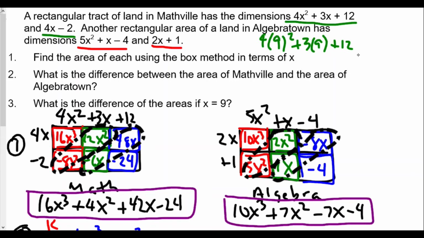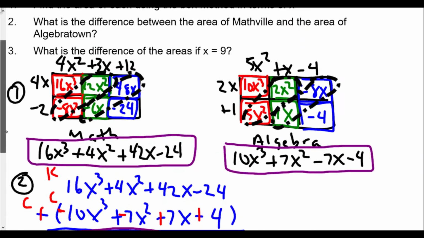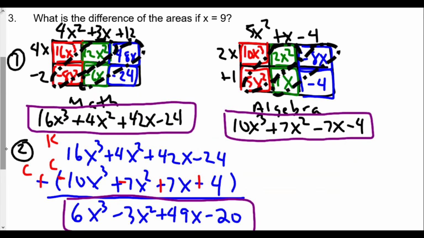That's one method. Or you could say, you know what, I like the answers I got for my first one, so let me just plug the value x equals 9 into both this area and this area, and subtract. And of course, you have to show all the work.